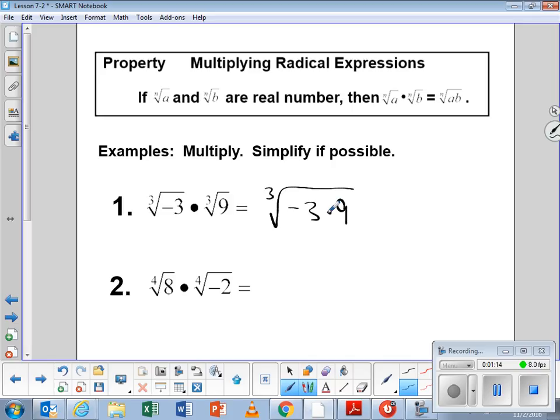I'm sure most of you will look at this and say 9 times 3 is 27, cube root of 27 is 3. But some of you maybe don't see that, and when the numbers are much bigger, they're harder to see. So, my suggestion is, instead of making this 9 and 3 into 27, look at it as a negative 1 times 3 squared.